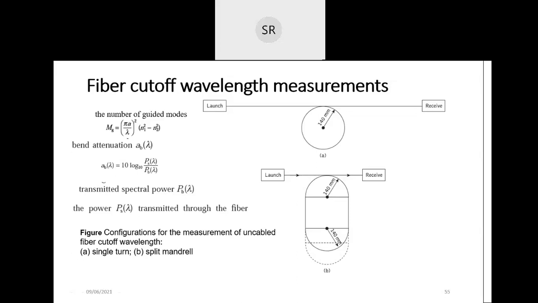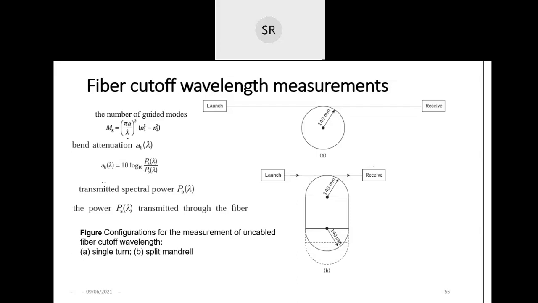In general, if it is a multi mode fiber, it has many cutoff wavelengths, because multi mode fibers have a number of modes propagating, and those modes have different wavelengths. So for a given particular fiber, the cutoff wavelength is to be measured here.